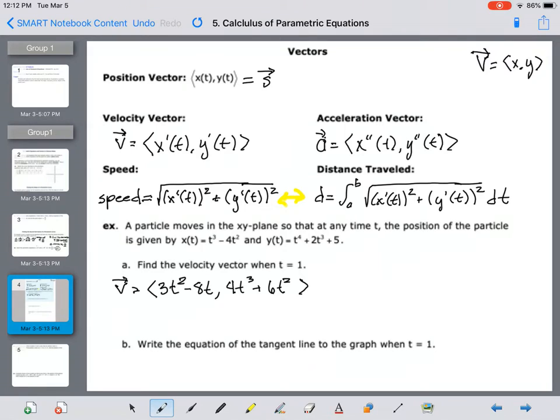Now to get the actual velocity vector when t is equal to 1, we take our velocity and plug in a 1 for that t. So for every t value in here, we're just going to plug in a 1.